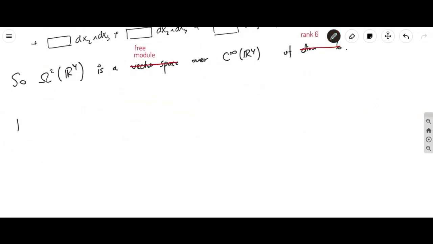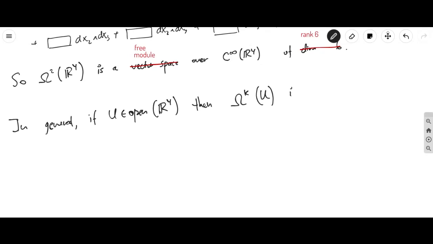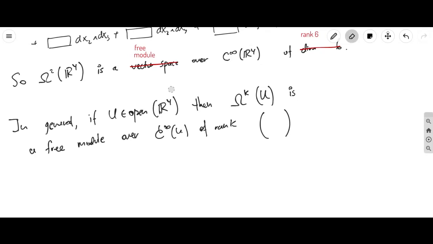So in general, if U is an open set in R4, then omega k of U, the k forms on U, is a free module, basically a vector space, not over the real numbers but over the ring of smooth functions, of rank, maybe instead of 4, I should have said n, you would say n choose k.